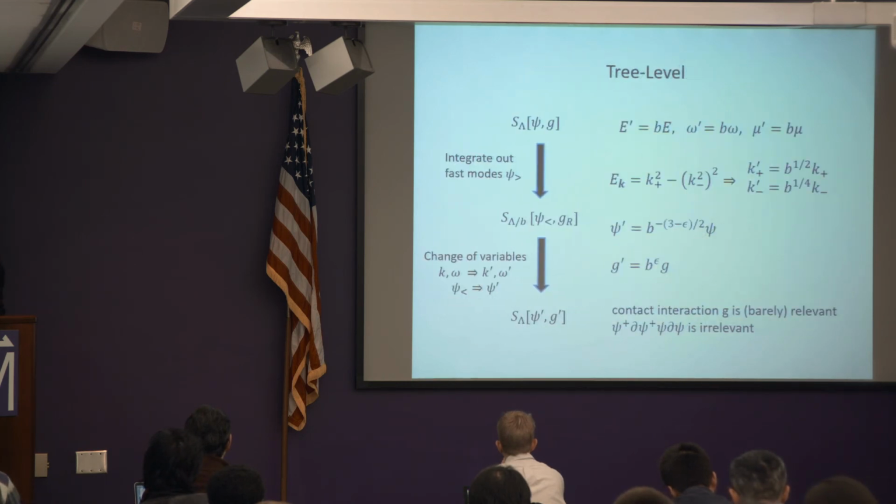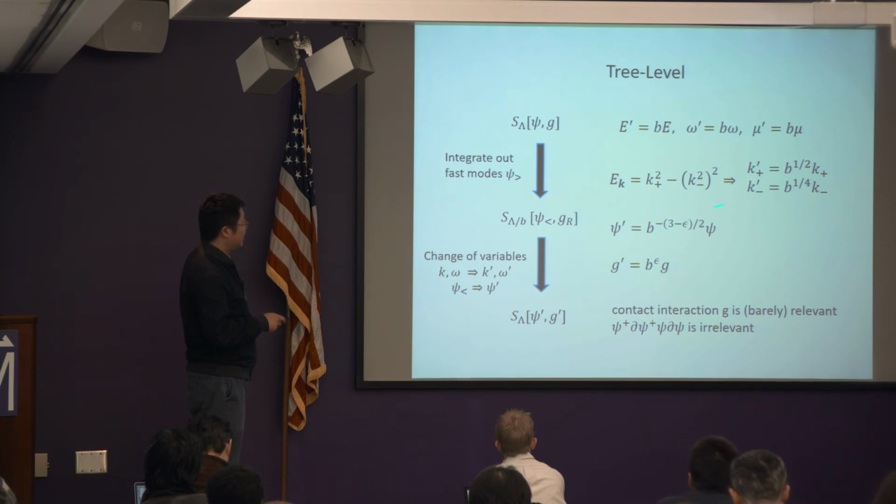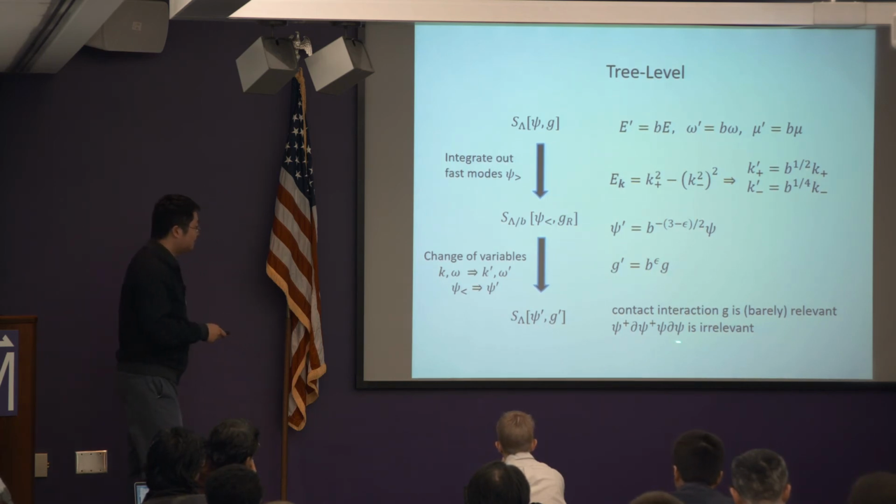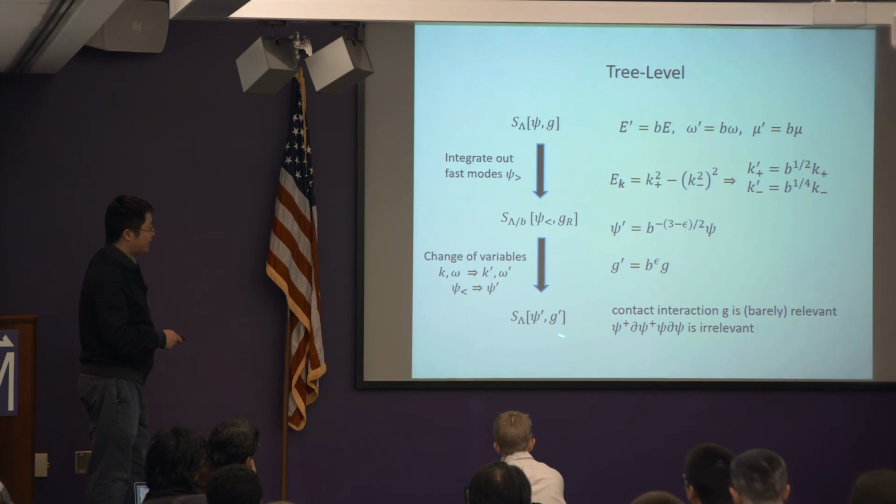Okay, so at the tree level, if you perform this RG analysis, you find that the chemical potential is relevant, and the contact interaction is barely relevant. It's relevant, but the scaling dimension is very small. It's of order epsilon, where epsilon is the density of states exponent. All additional interactions involving spatial derivatives would be irrelevant.